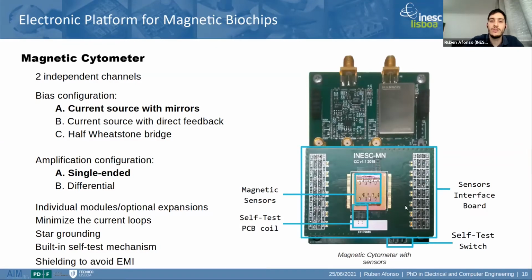So, also on the PCB sensors, we have a self-test coil printed on the PCB, and these are used to generate a magnetic field to test if the magnetic sensor is working properly or not. Also, we can have shields to avoid electromagnetic interference.